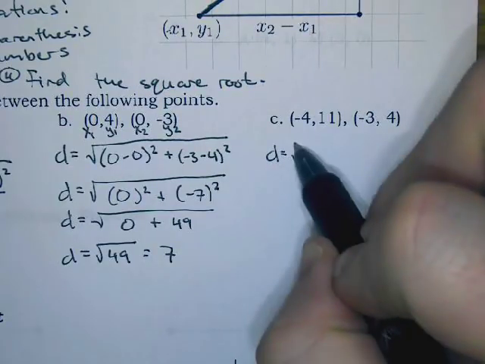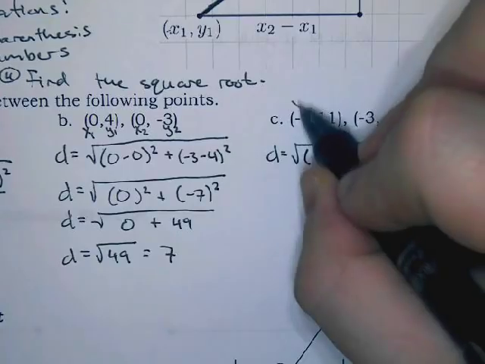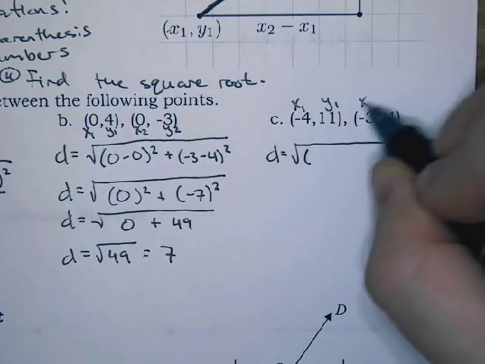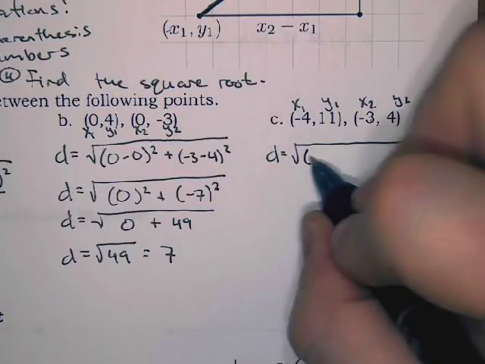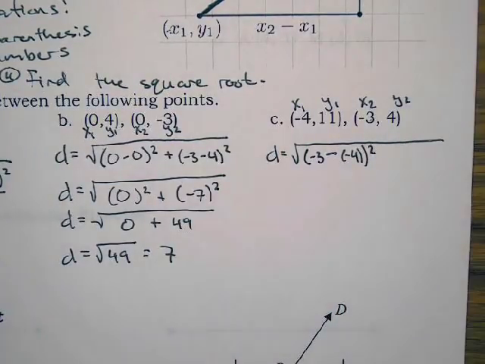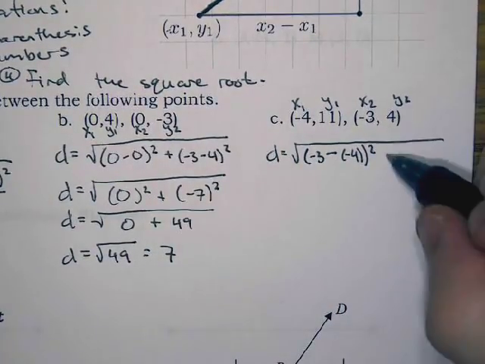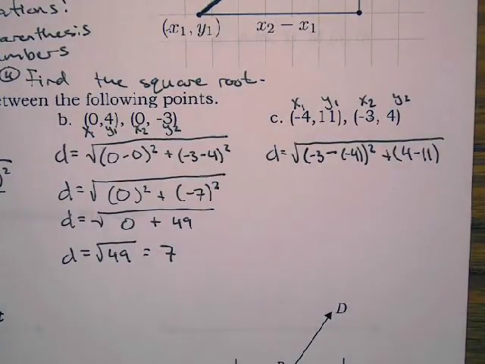So I have distance is equal to the square root of, so here's my x1, y1, x2, y2. x2 minus x1, so negative 3 minus a negative 4, plus 4 minus 11, and then we'll square that.